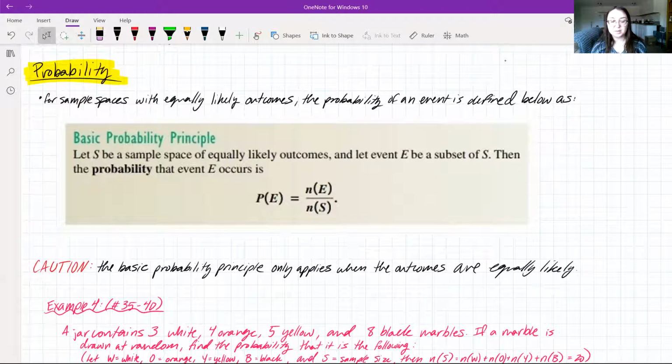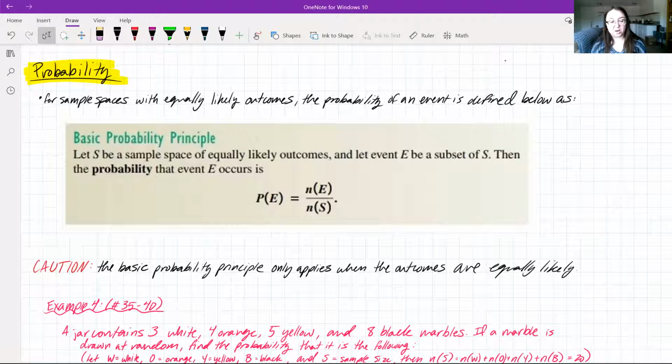Let S be a sample space of equally likely outcomes, and let event E be a subset of S. Then the probability that event E occurs is P of E. This is how we signify the probability: a capital P outside, with parentheses, and whatever we're taking the probability of inside the parentheses. So P of E is equal to N of E divided by N of S. N of E is the number of elements inside the set E, and N of S is the number of elements inside the set S.